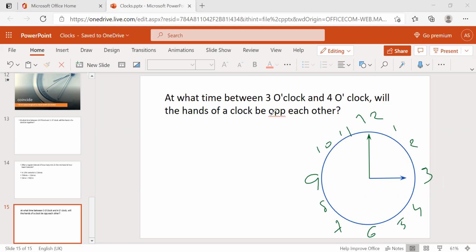Okay, now check. If you want to find the right angle, it means the angle between the minute hand and hour hand will be exactly 90. Am I right? And we know this before itself.